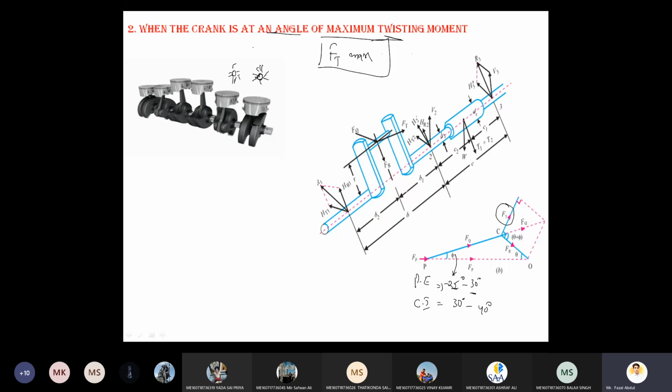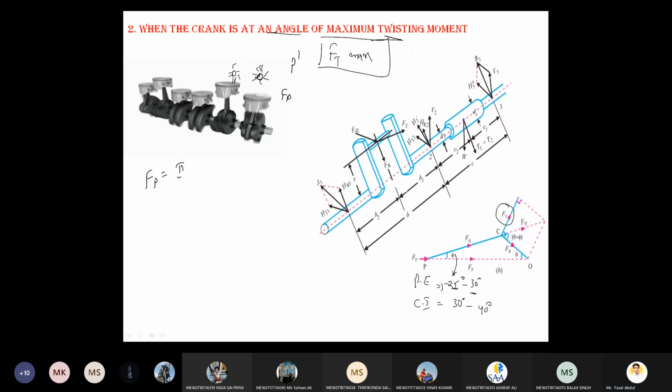So due to this gas pressure, the gas force is transmitted to the crankshaft. The intensity of the pressure on the piston, for one instant we are considering, is P dash. So for one instant, how much gas force is acting? Pi by 4 into D square into P dash.